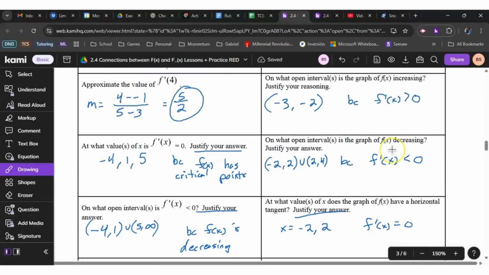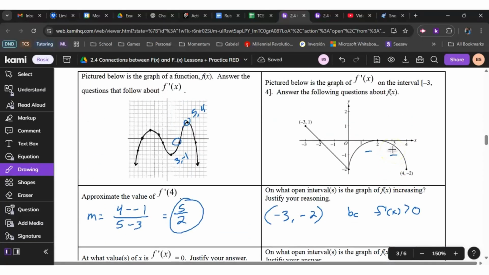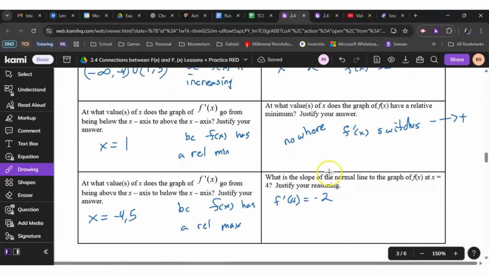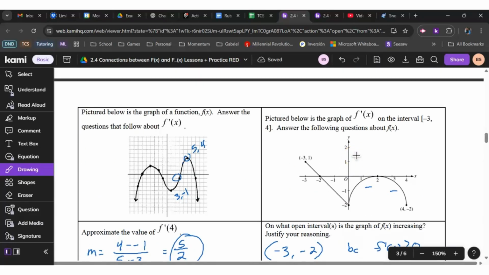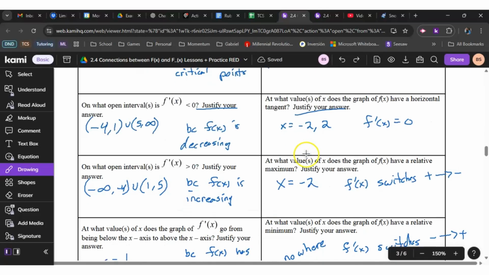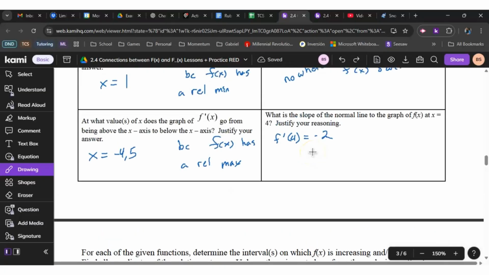So if we look up here at 4, yes, there we go. At 4, the y value is -2, so my derivative is -2. Which means, as somebody already said, what is my normal line slope? Negative reciprocal, so it becomes 1/2. Amazing.